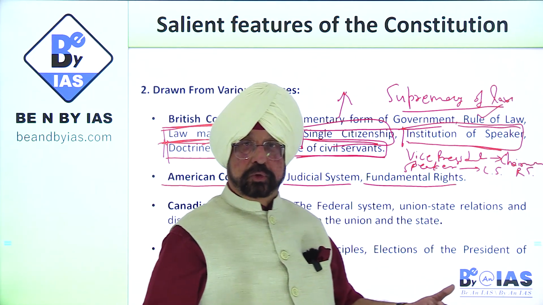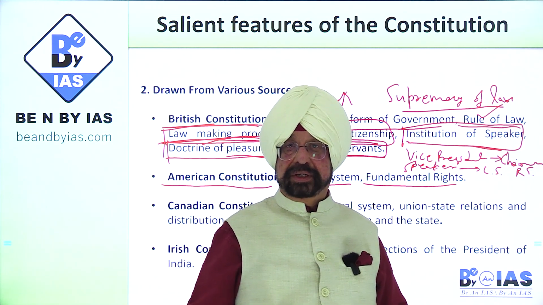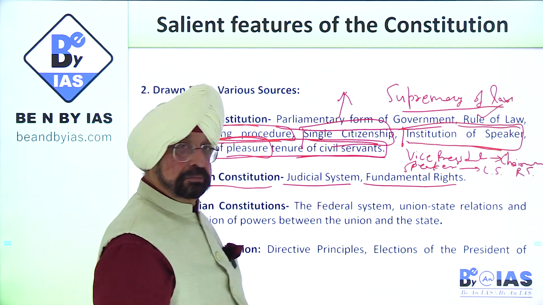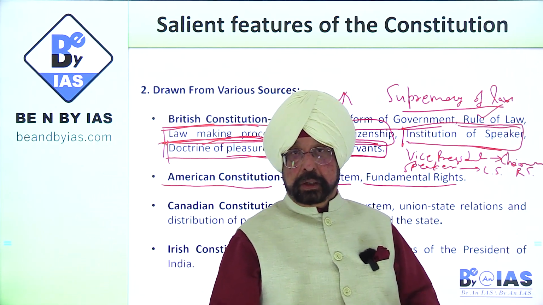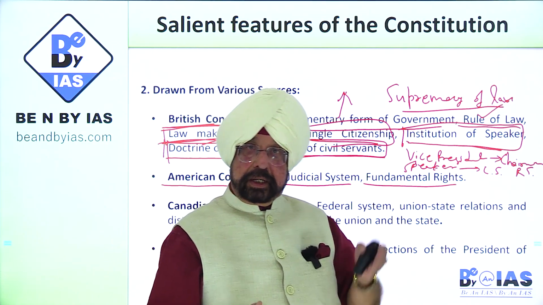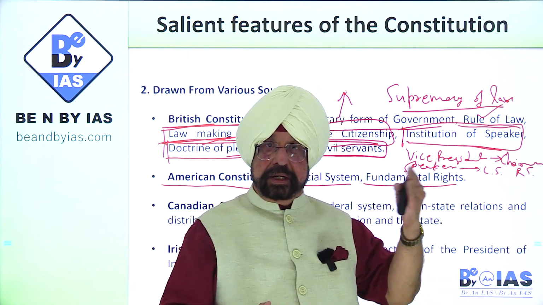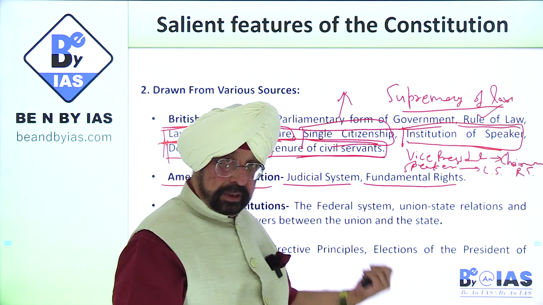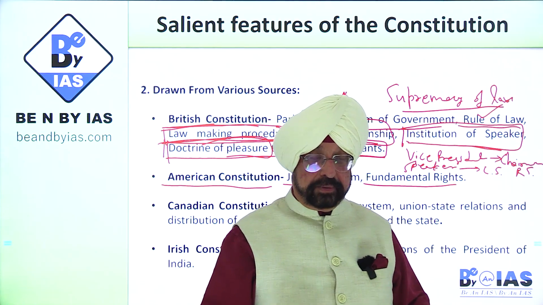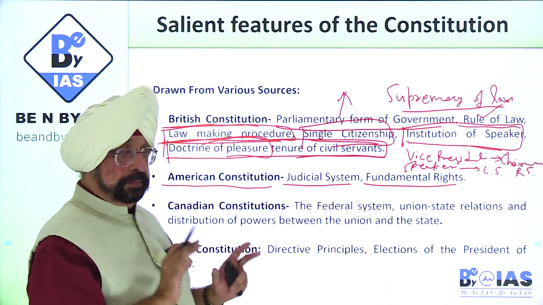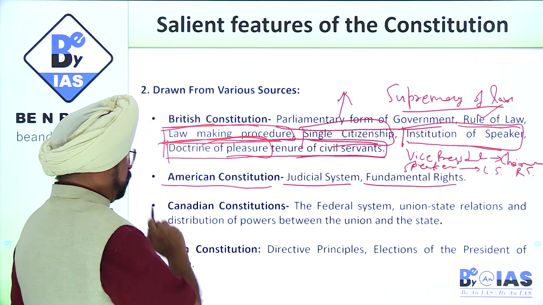We have high courts in the states, and we have district courts, and below them are the small courts. This judicial system is slightly different in America from ours, that we will see when we move a little further. But the system has been picked up from the American Constitution.